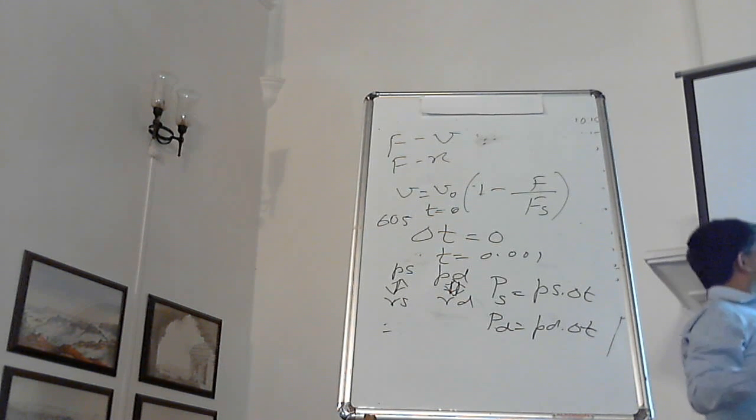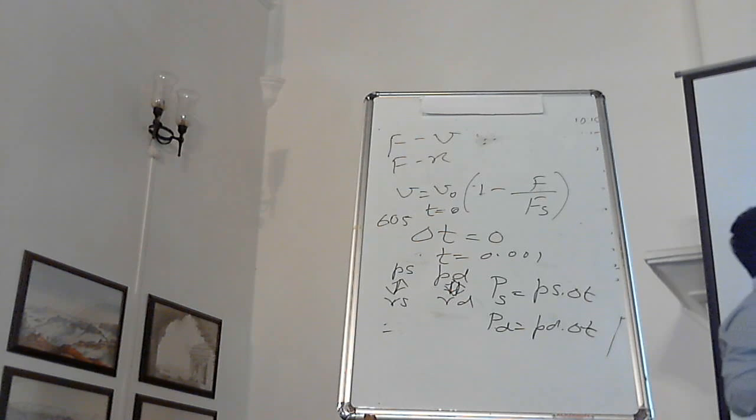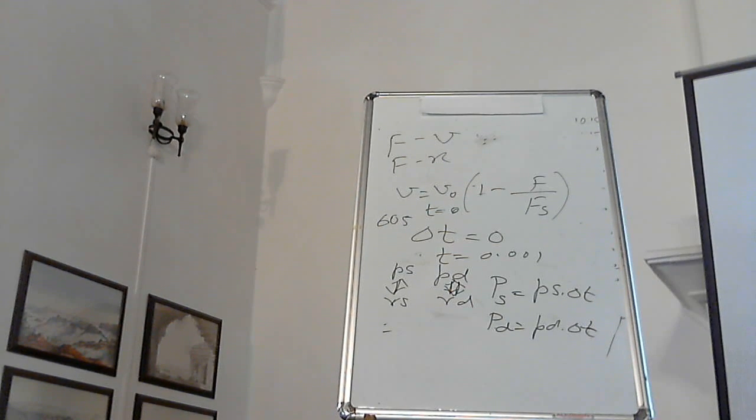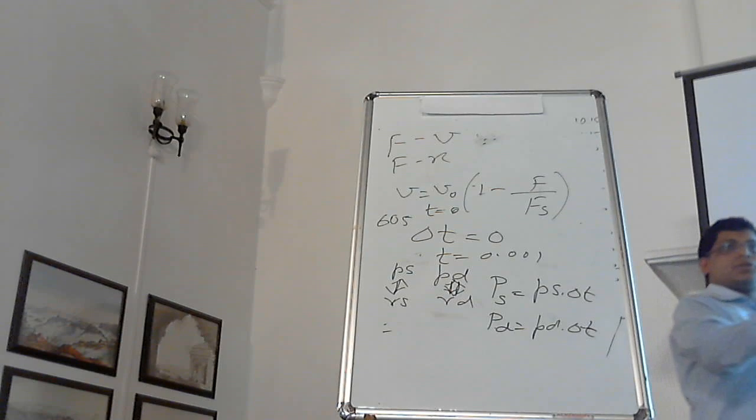And then using the same rates RS and RD, I will calculate the probability of the motor stepping, which will be the stepping rate divided by the sum of all the rates. Similarly, for detachment, it will be the detachment rate divided by the sum of all the rates. So I can find out the probability of stepping and of detachment, and then I will generate another random number to find out which of these two will happen.